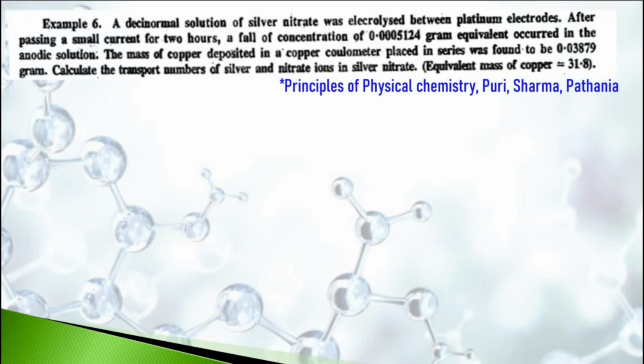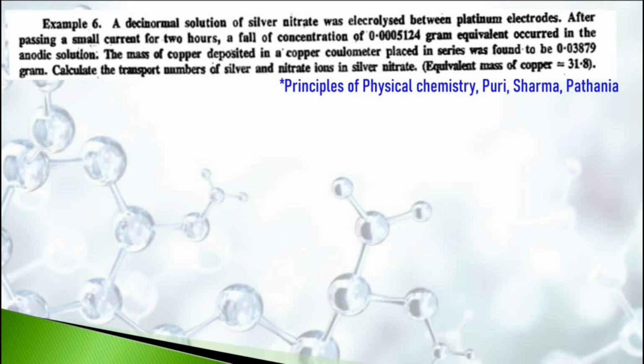The numerical reads as: a decinormal solution of silver nitrate was electrolyzed between platinum electrodes. After passing a small current for 2 hours, a fall of concentration of 0.0005124 gram equivalent occurred in the anodic solution.